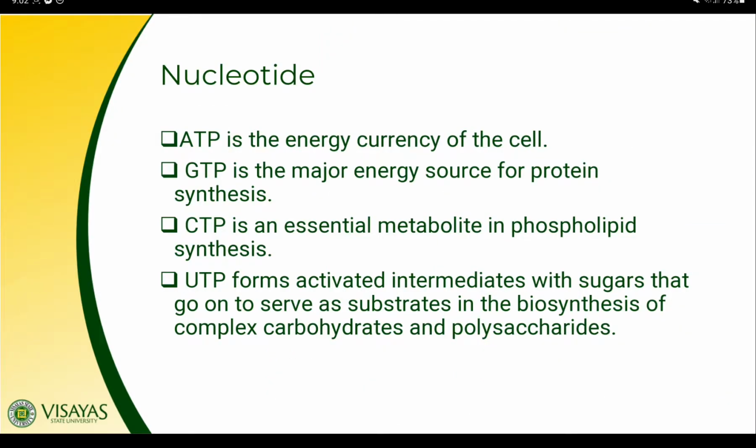These nucleotides have different functions. ATP, we all know, is the energy currency of the cell, which we need in our metabolic processes. GTP, on the other hand, is used as an energy source for protein synthesis. CTP is for lipid synthesis, whereas UTP is used for carbohydrate synthesis, polysaccharides.